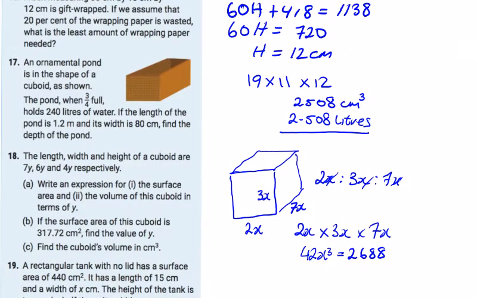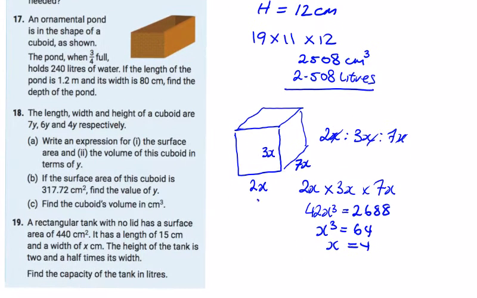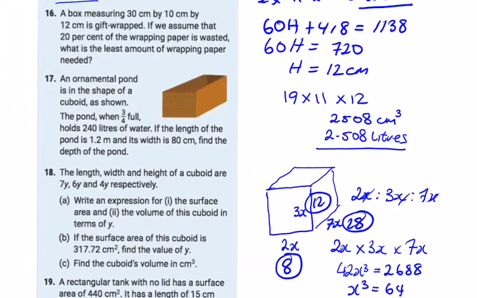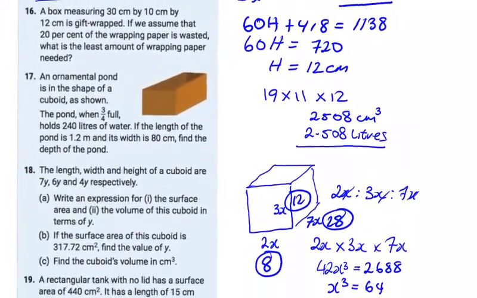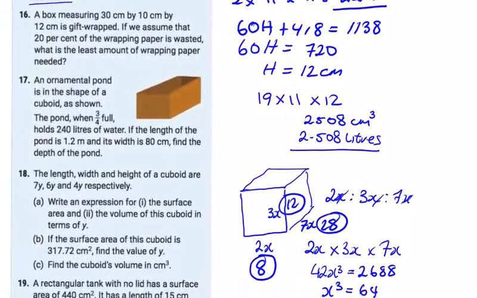And we can say that 2688 divided by 42 goes in 64 times, so x cubed is equal to 64, so x is equal to 4. So my side lengths: this becomes 8, this becomes 7 4s are 28, and this one becomes 12. So what were we asked? Find the dimensions. They're the dimensions in question 15.